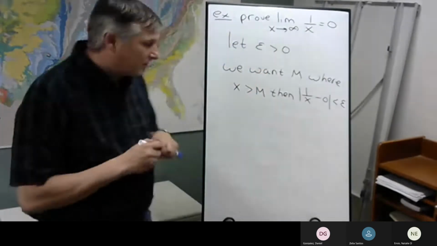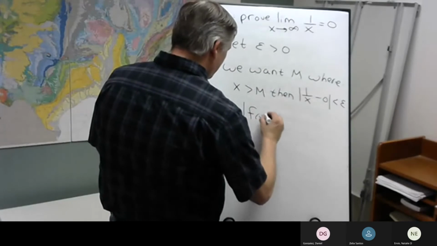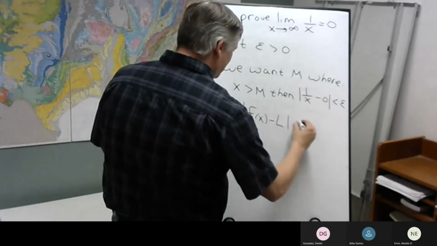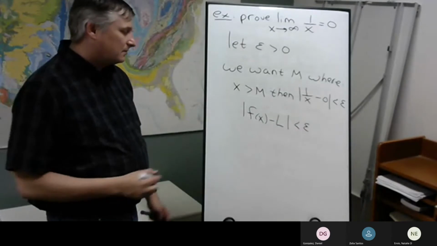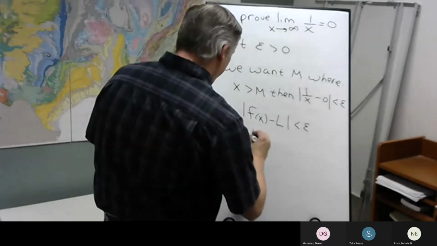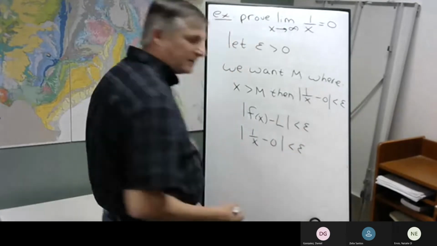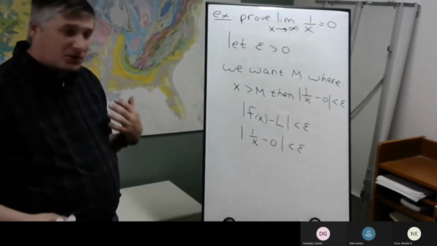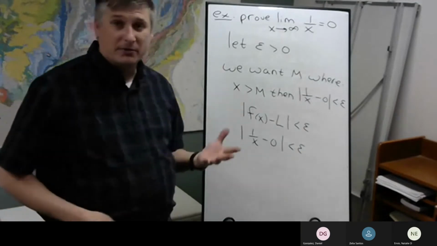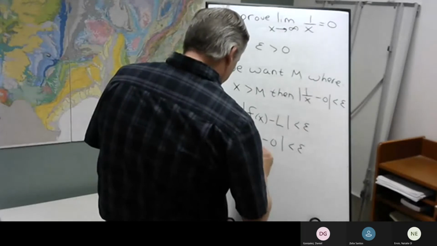So let's start out. f of x minus L is less than epsilon. So we're going to get 1 over x minus 0 less than some small epsilon we've chosen. Now we're going to search for x greater than m. So let's do that.